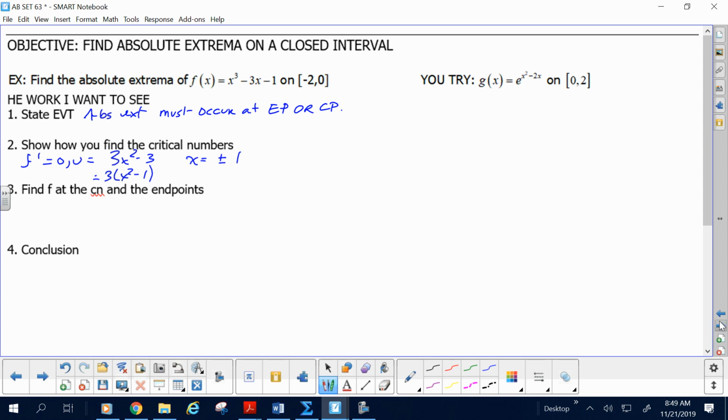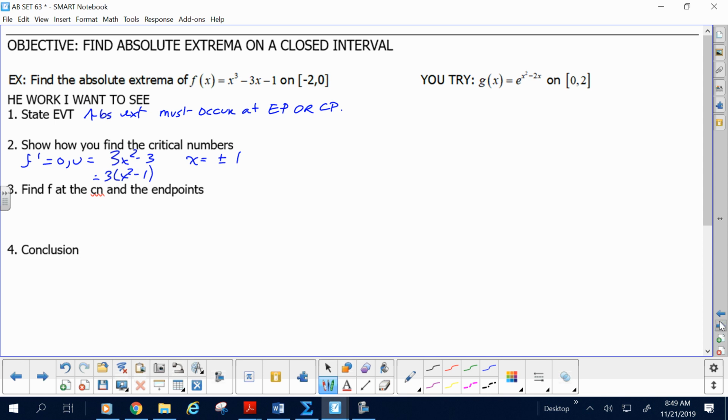Now here's where it starts to be different, and for the first week or so, people will get two ideas confused. With the problems we've been doing, we say, okay, now you do a sign test, and you say the derivative is going negative to positive, and that's a min. That's relative extreme. That's not absolute extreme. You don't do that here.